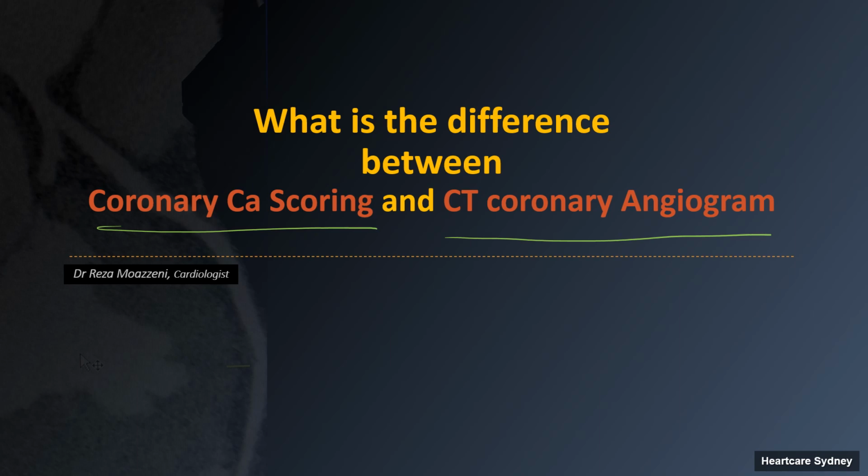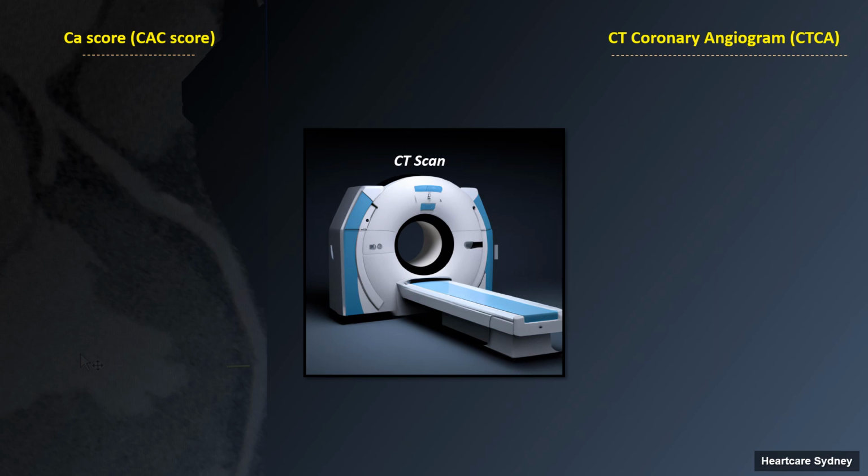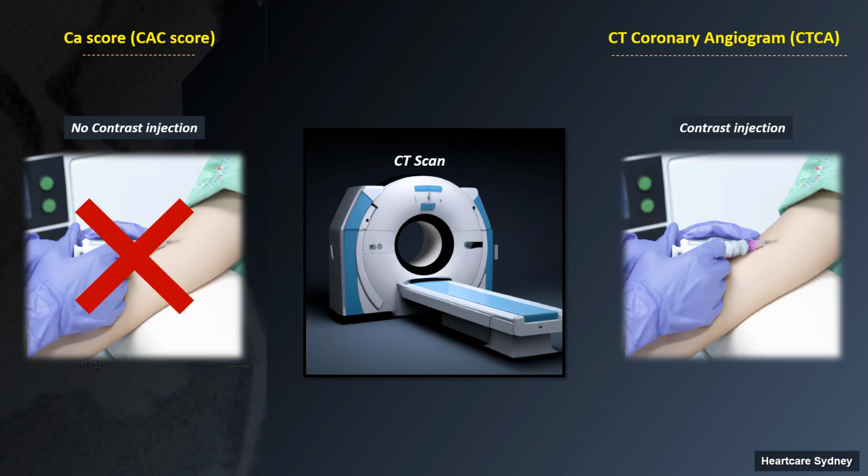So let's start. It is important to note that both of these tests, coronary calcium scoring and CT coronary angiogram, are using the same machine, which is a CT scanner. But despite the similarity, the way they are carried out and their individual objectives differ significantly.